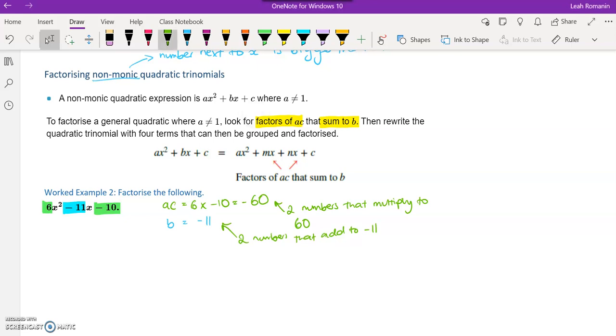Okay, so those two factors that we are looking for are negative 15 and positive 4.